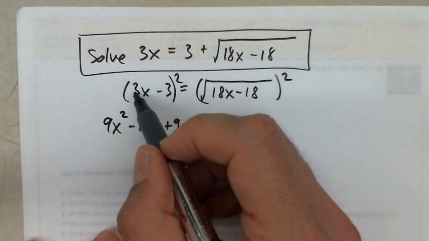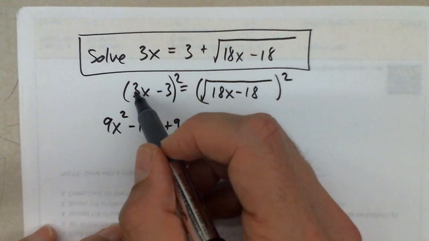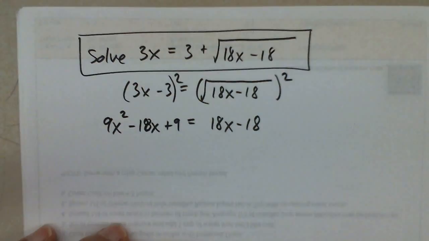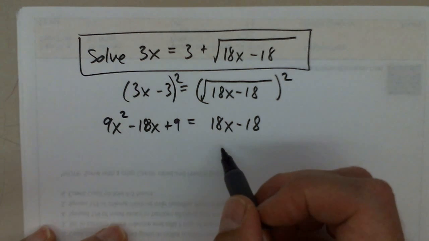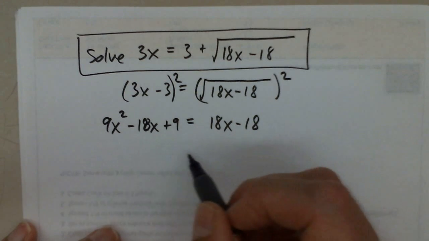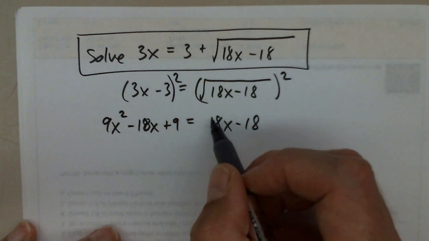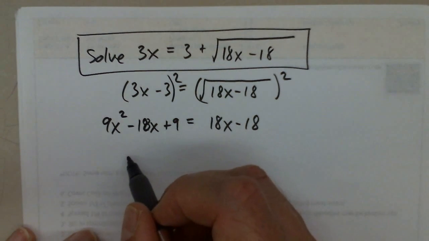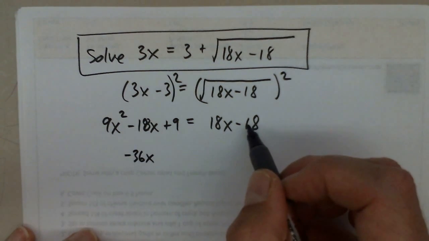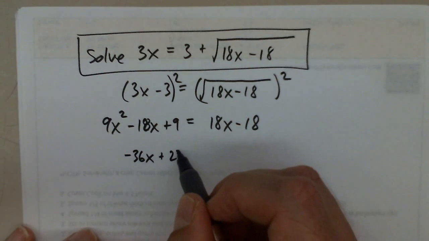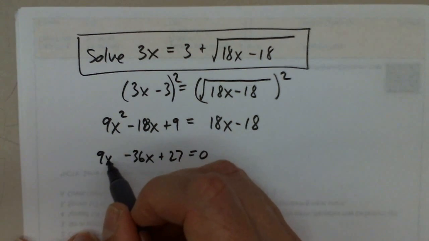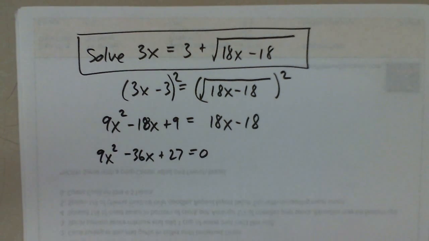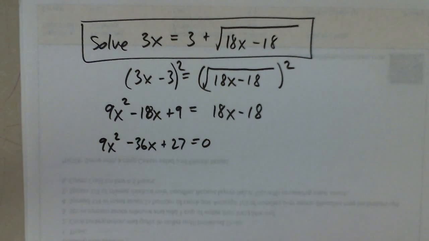Sorry, negative 9 times 2, 18. We're going to add 18 and also add 18 here. Subtract 18x and add 18 there. Minus 18. Here we're going to add 18. And let's divide everything by 9.